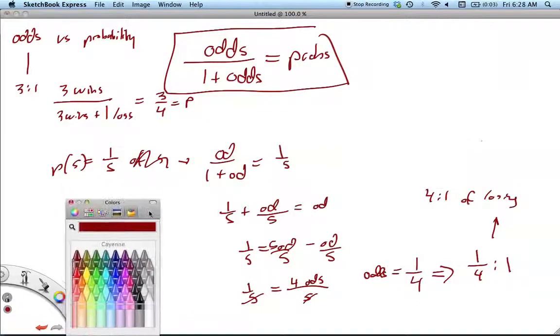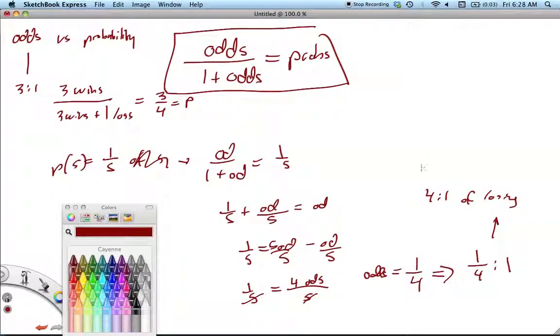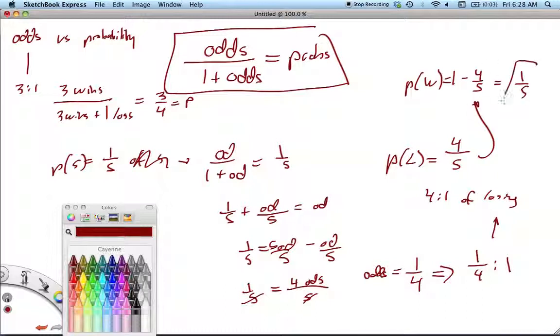Okay, so if you have 4-to-1 odds of losing, the probability of losing is equal to 4 over 4 plus 1, which is 5, which means that your probability of winning is 1 minus 4/5, which is equal to 1/5, which is what I started with.